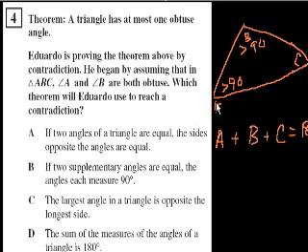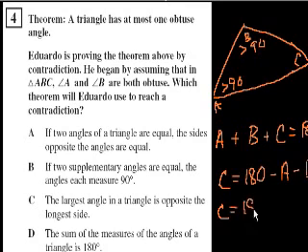Another way to view it: C is equal to 180 minus A minus B. Or another way you could think of it, C is equal to 180 minus (A plus B).